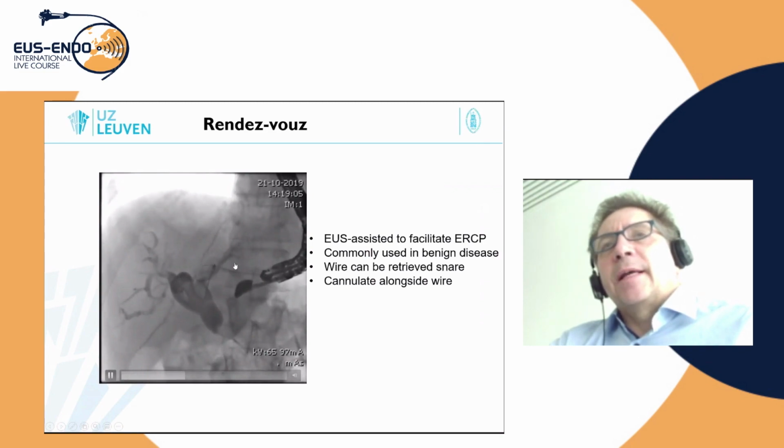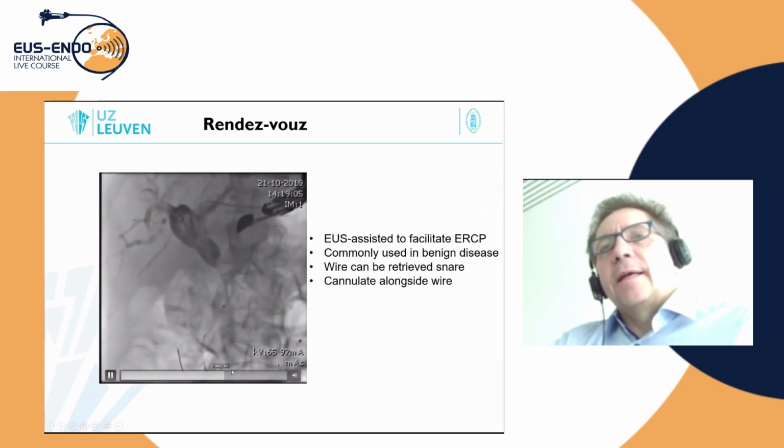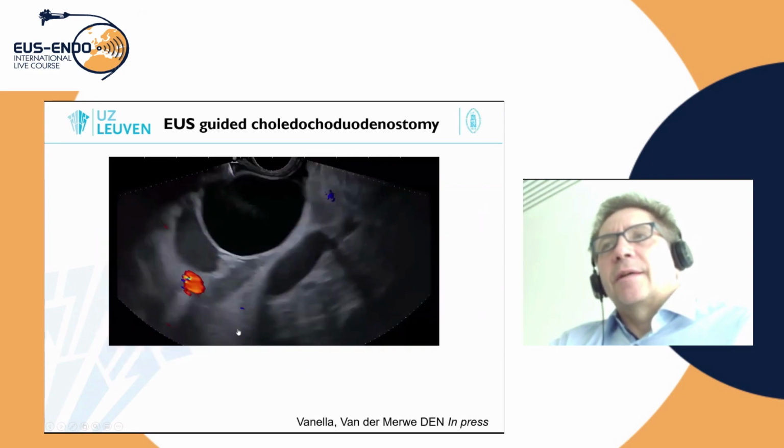In this setting we would advance a wire very carefully from the proximal stomach across a stricture, in this case a benign stricture, to the small bowel, and then exchange the scope. We can then advance the duodenoscope, and we can cannulate alongside the wire or extract the wire using the duodenoscope for therapeutic procedures. And very often this is utilized in the setting of benign disease.